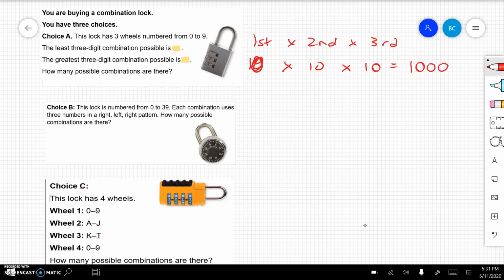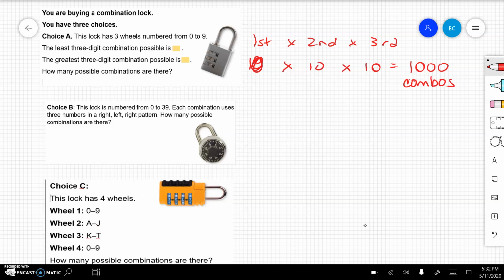Notice that what I choose for the first wheel does not depend on what I choose for the second wheel or for the third wheel. So these are what are called independent events, and we'll talk a little bit more about dependent events later in the week, but right now these are all independent. I have 10 possibilities for the first one, 10 for the second, and 10 for the third. So I have 1,000 combinations for this first problem.